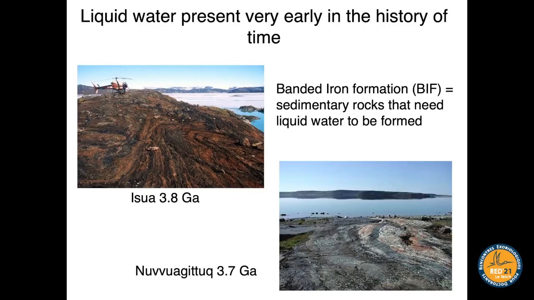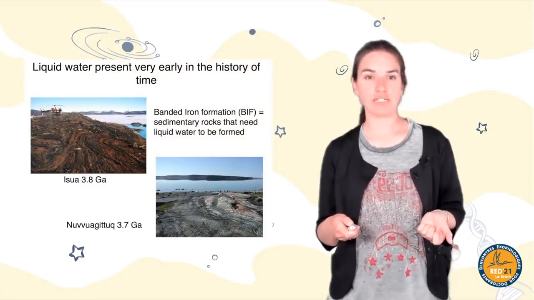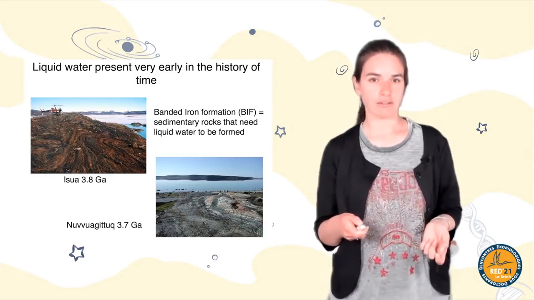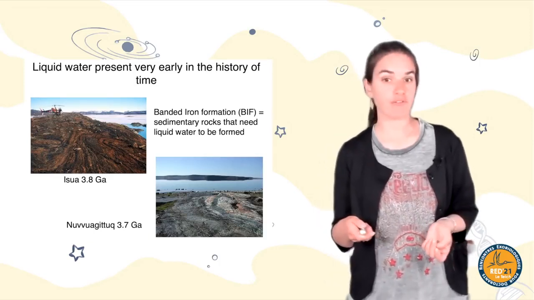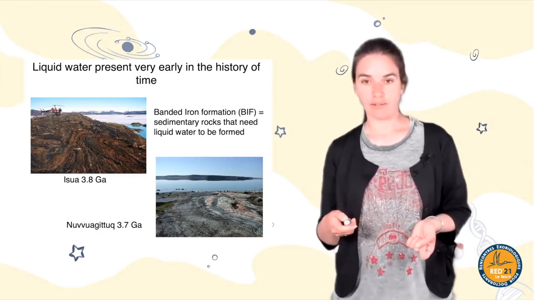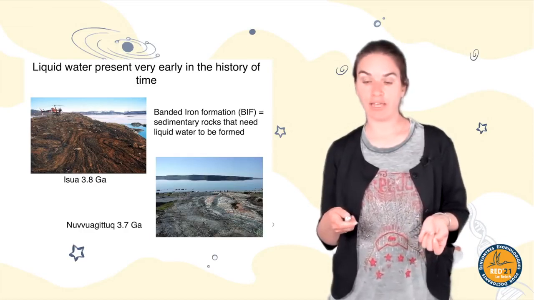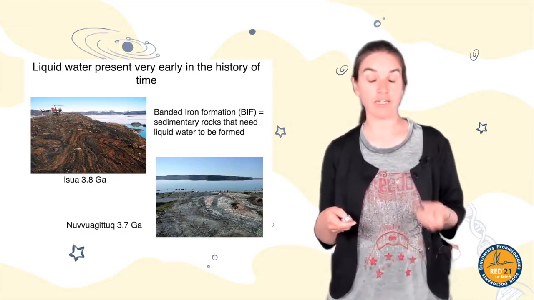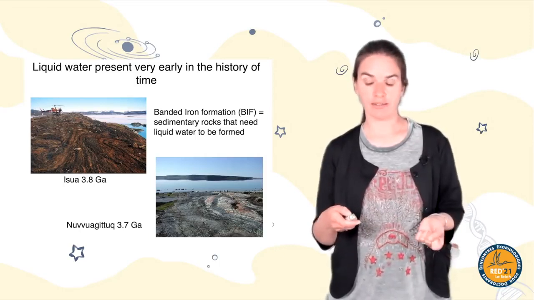One example is from Isua, south of Greenland, at 3.8 billion years. You can see these beautiful laminated black and red rocks. The other example is Nuvvuagittuq, at 3.7 billion years, in Canada. So we know that since at least 3.8 billion years ago there was liquid water, potentially in the form of an ocean.